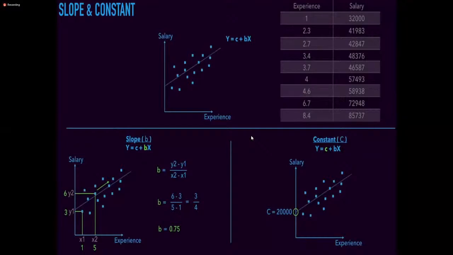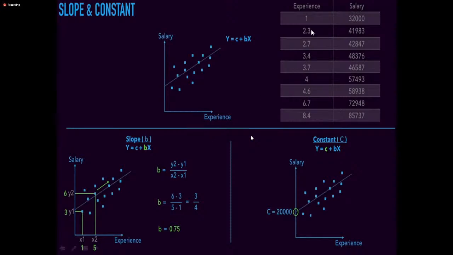In mathematics, the slope of a line is a number that describes both the direction and the steepness of the line, and it is denoted by the variable m.